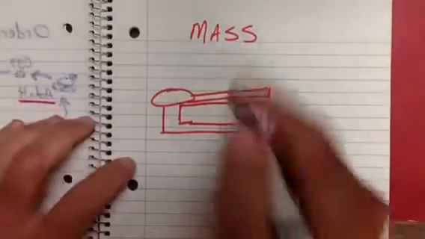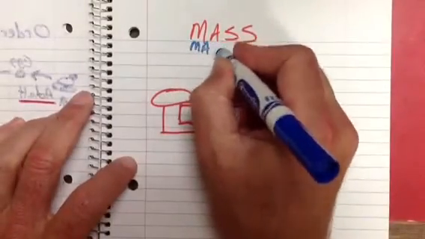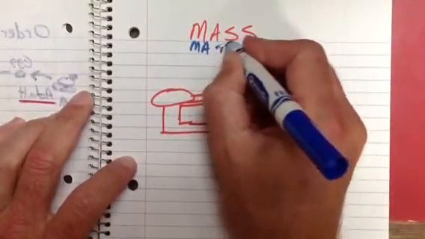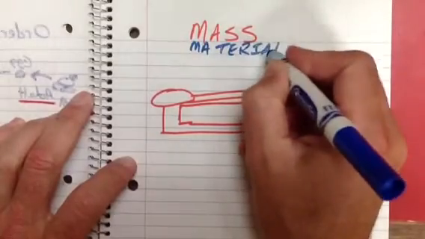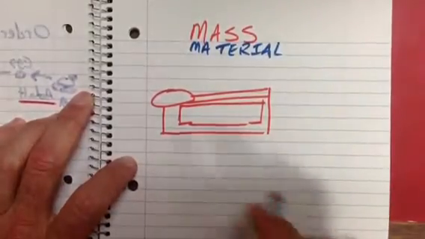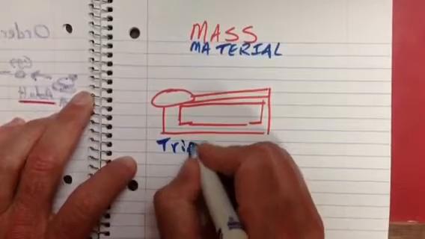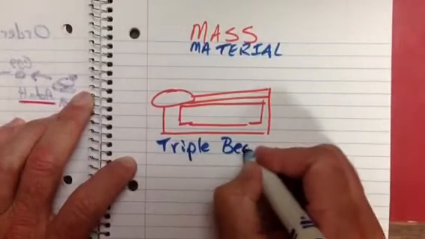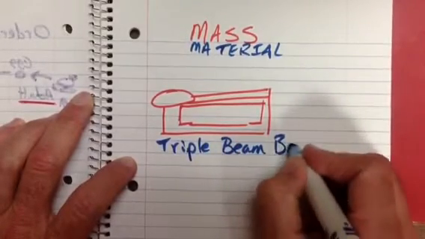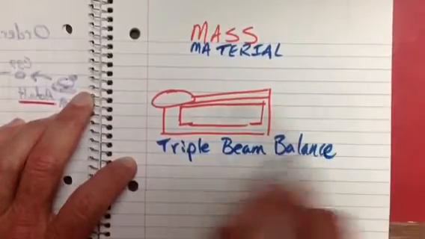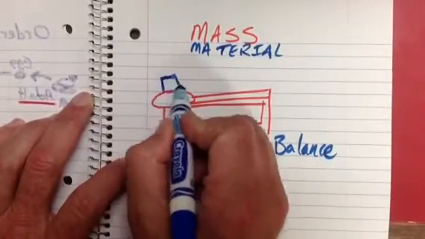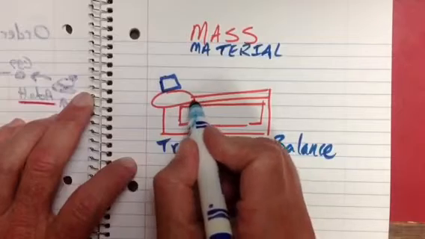Mass. Mass is the amount of material in an object. To find mass, we use the triple beam balance. We place the unknown object on the triple beam balance, and then we move the sliders.